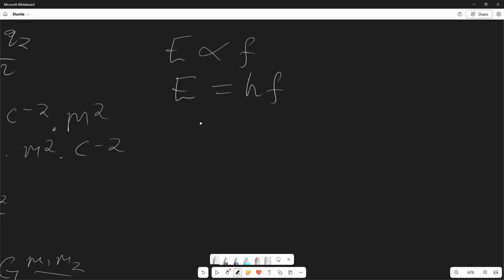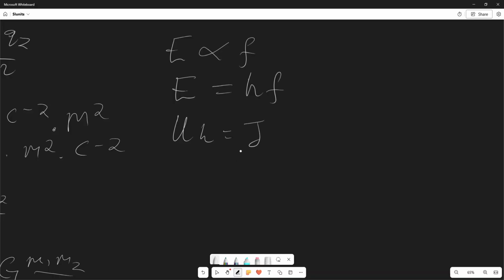And again, it's really up to you how you want to determine the units of this constant of proportionality, whether to mathematically do so or to argue that the units of the left hand side is joules. So also the right hand side you need joules. Okay, so the units of H must contain what?